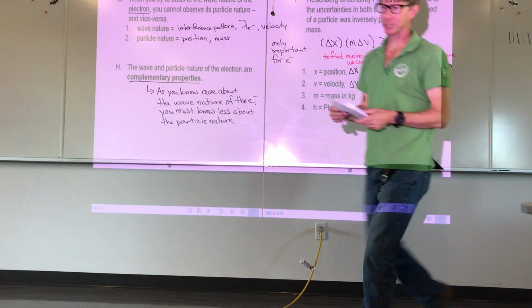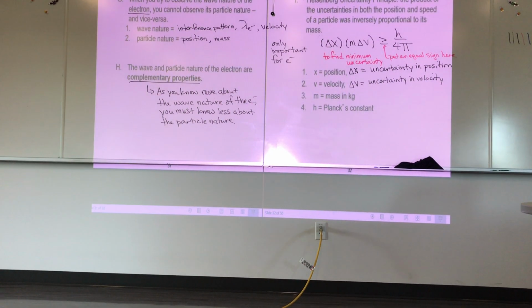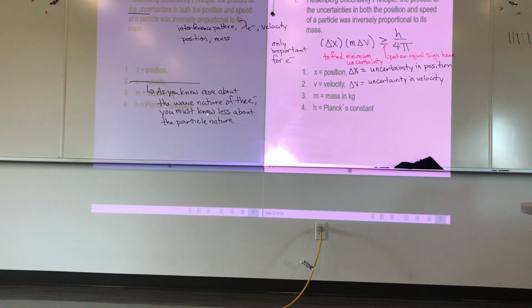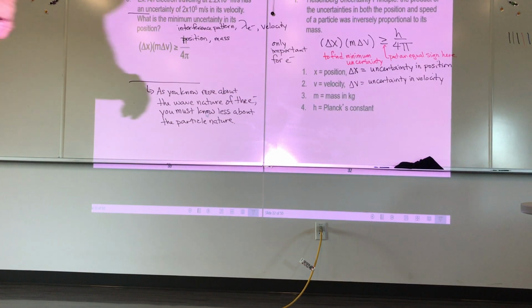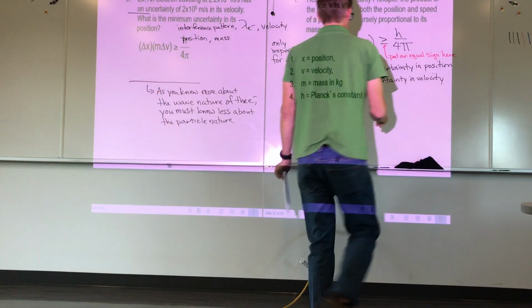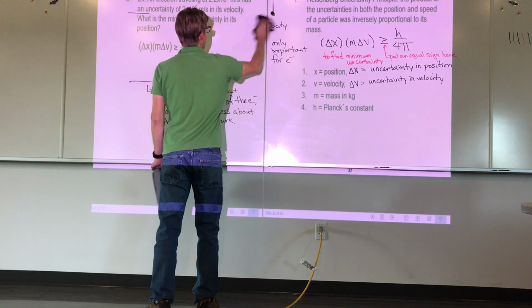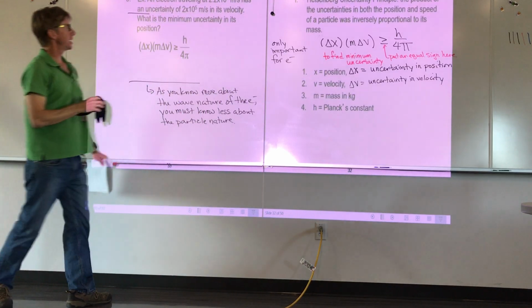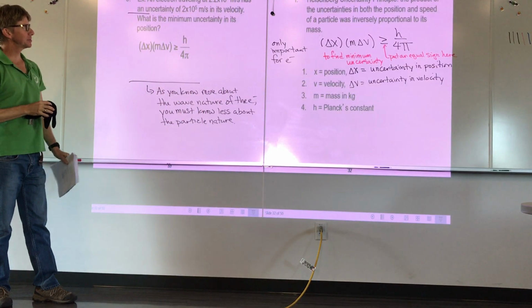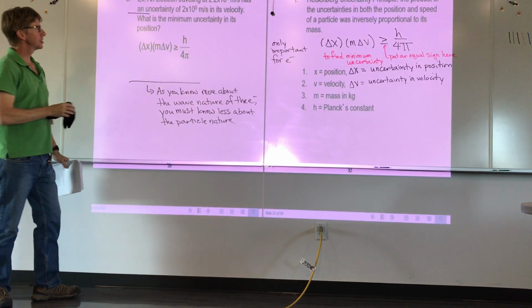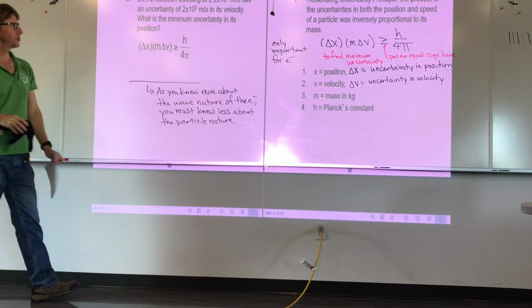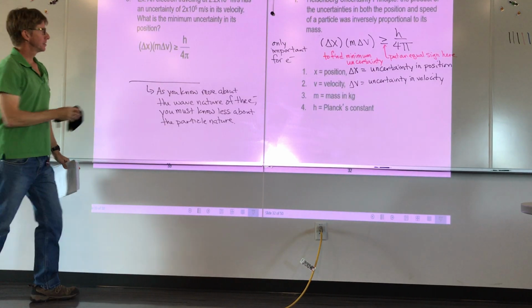And what I'd like to do is do a calculation with this. For the same electron we had last time, traveling at 2.2 times 10 to the 6 meters per second, there's an uncertainty of 2 times 10 to the 5th meters per second.